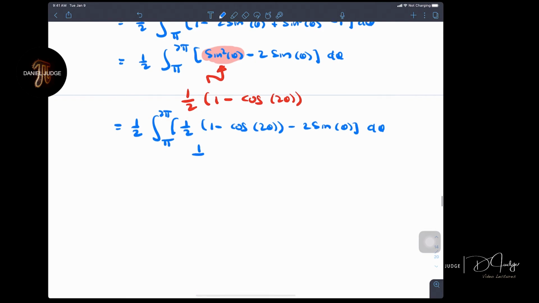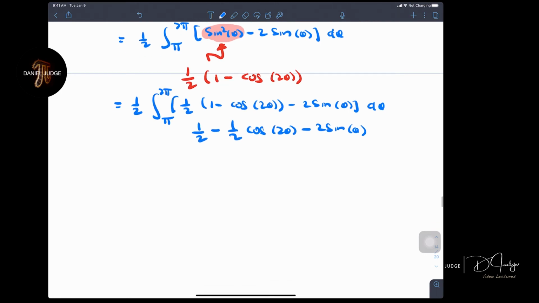Okay. So inside I have 1/2 minus 1/2 cosine 2 theta minus 2 sine theta, inside my integral from pi to 2 pi. I have outside that 1/4.